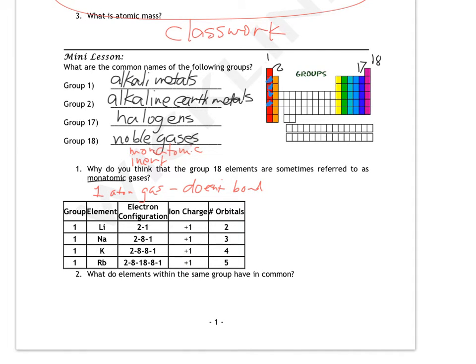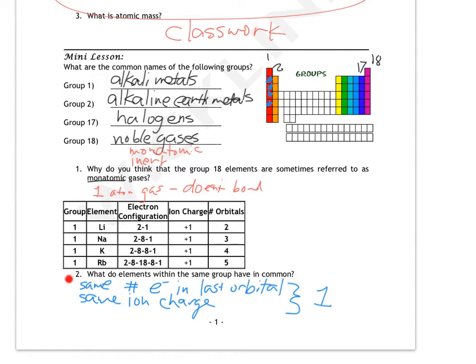So I'll summarize that now. They have the same number of electrons in the last orbital, and they have the same ion charge. And by the way, the value for both of those is +1.